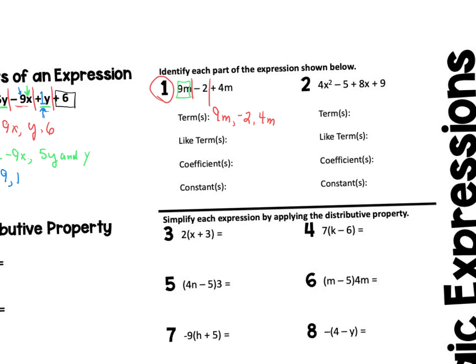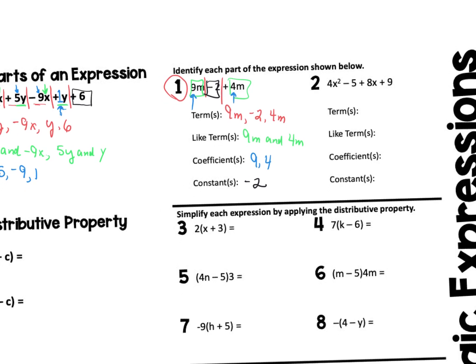They're going to be 9m and 4m. We're going to look at the coefficients, 9 and 4, because they come before the variables. And then our constant is negative 2. And you're going to do number 2 on your own for the homework portion of this lesson.